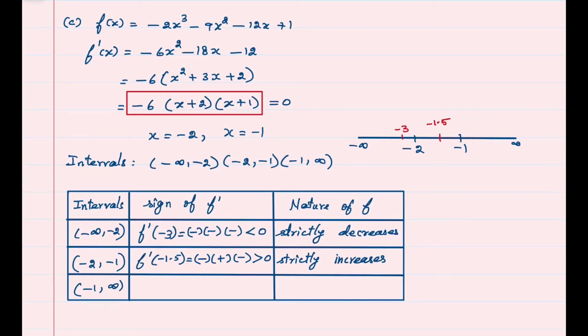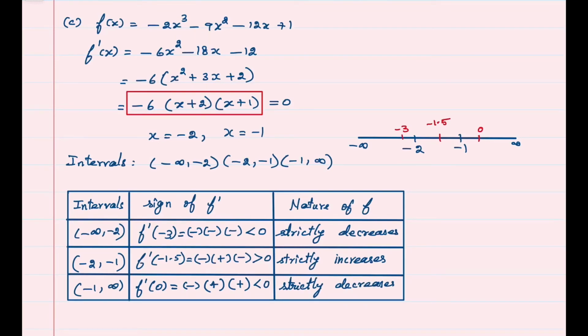Now for the third interval, we will check with the value 0. Therefore, f dash of 0 is minus 6, which is negative, 0 plus 2 is positive, 0 plus 1 is also positive. Therefore, the final answer will be negative. Therefore, f strictly decreases in this interval.